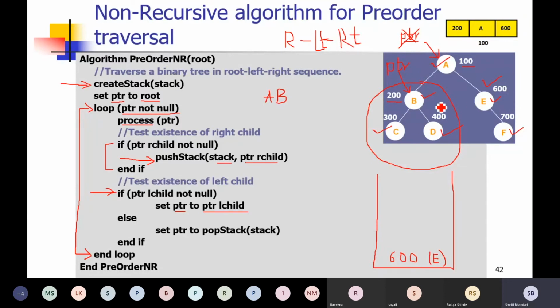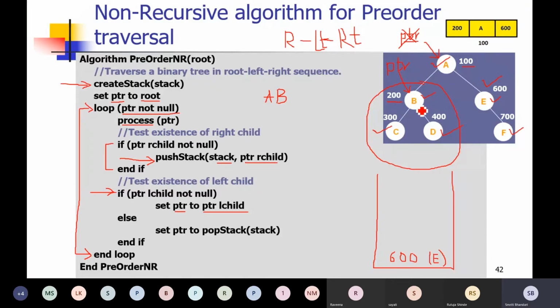Now, after processing this node, once again I need to follow the same process. This is preorder. After processing the root node, I need to go to the left subtree. But before going to the left subtree, I should remember the address of the right subtree of this node. So once again, this is now my pointer, and I'll check whether there exists a right subtree.